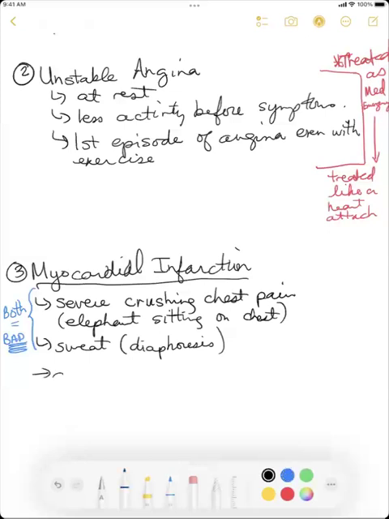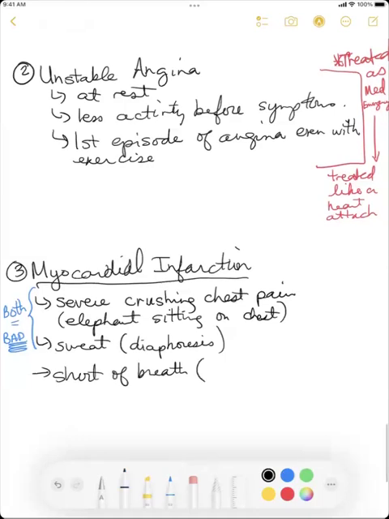So they will be short of breath. The term for shortness of breath is dyspnea. The suffix pnea means breathing. And then whatever comes before is talking about what the breathing is like. So dys means deranged or abnormal breathing, and pnea means to breathe.